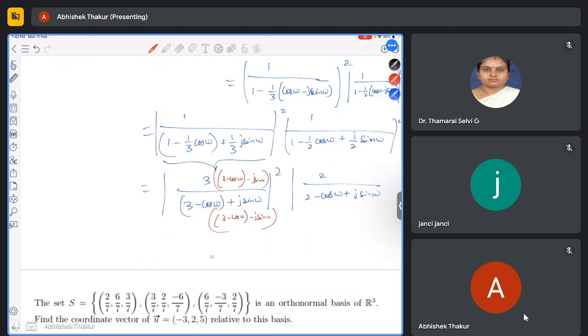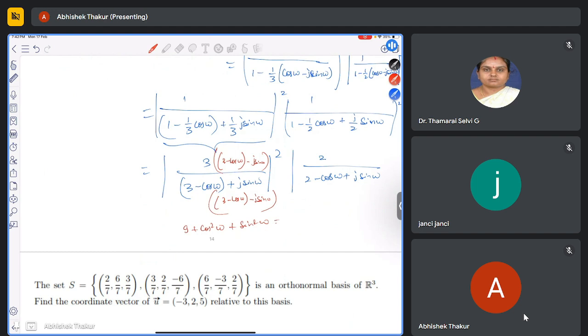So when you do this, in the denominator it will become 9 plus cos square omega minus j square plus sin square omega. So the denominator will be 10.